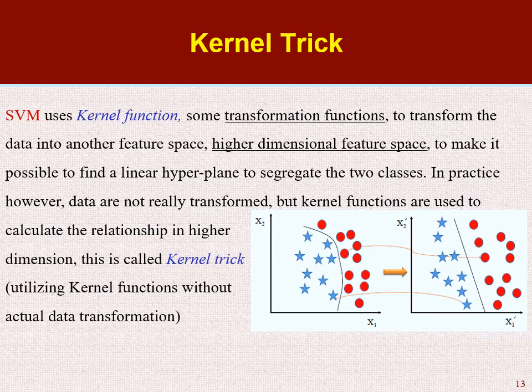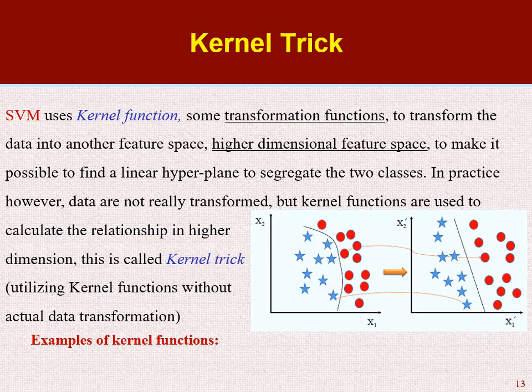We just have to find the function to calculate the data into higher dimensions using the kernel function, which is called kernel trick. Because mapping every data or using the kernel function to transform every data point would be time consuming and also processing expensive.